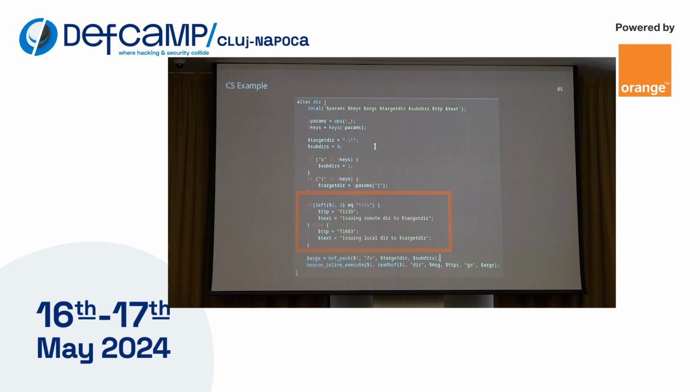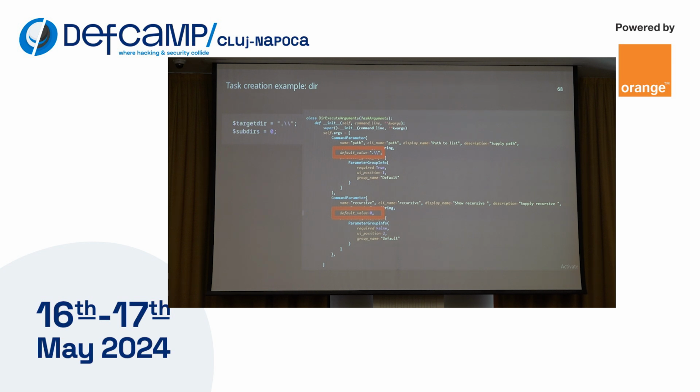They have some description and TTPs highlighting. Then they convert the arguments in a special way. Here, capital Z means wide char and the S means short. And after that, they execute the object file inline.